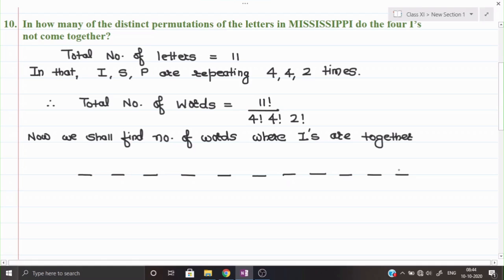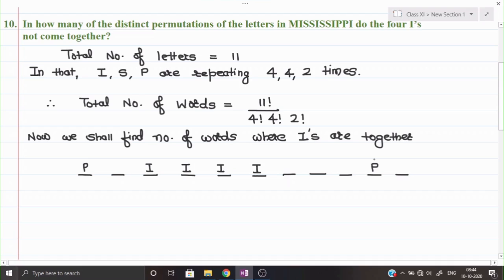Okay, now suppose that all the I's are coming together and they are coming from place number 3rd. So 1 I, second I, third I and fourth I. Okay, they all are coming together. Now we shall write down P also. 1 P is coming here and suppose 1 P is coming here. P may also come together, that doesn't matter.